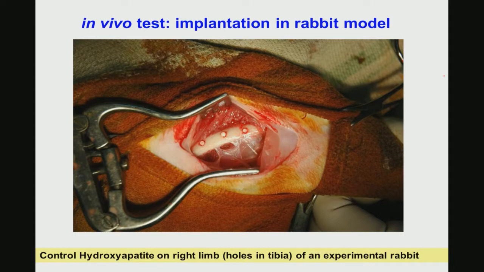Without spending much time on the physical and other properties of the glass materials, I will restrict this module to the in vivo biocompatibility of these materials. What you see here is the femur of a rabbit, and in this femur there are 3 holes, evenly spaced, not too close.